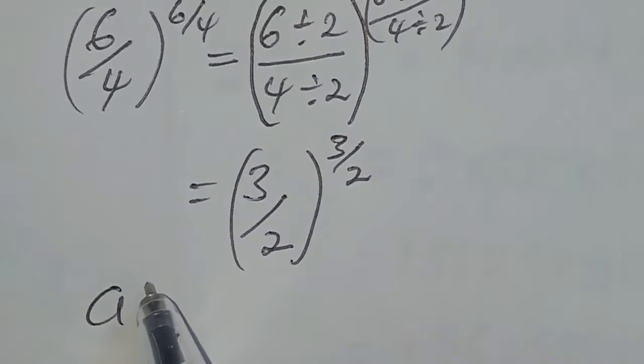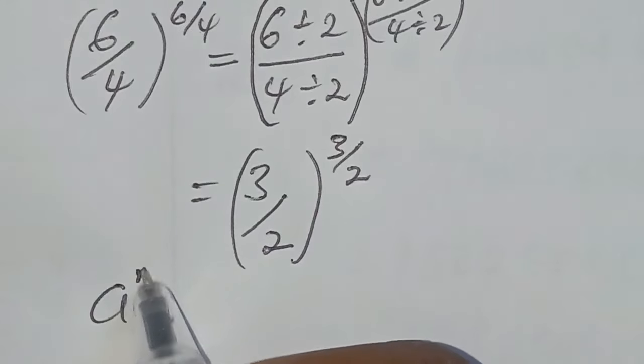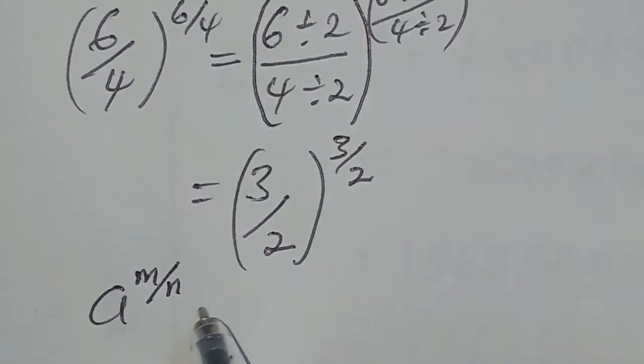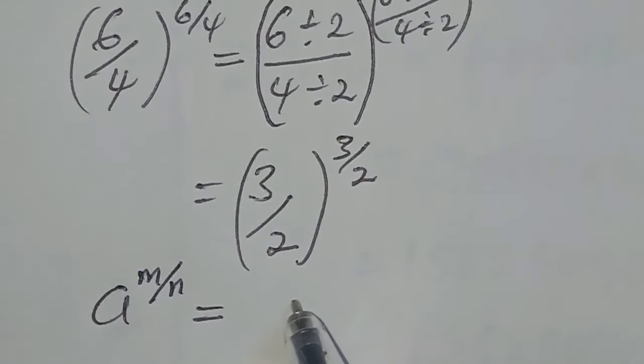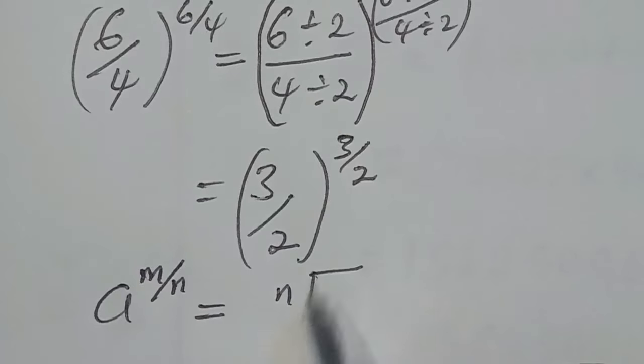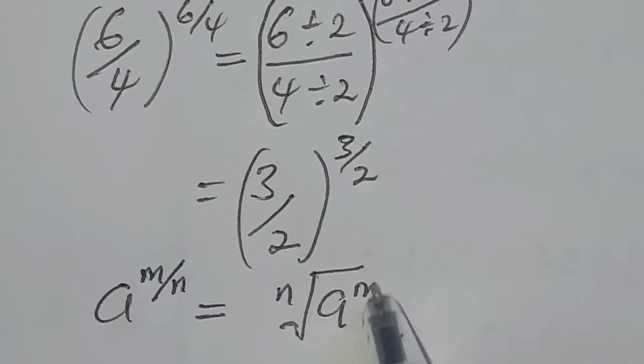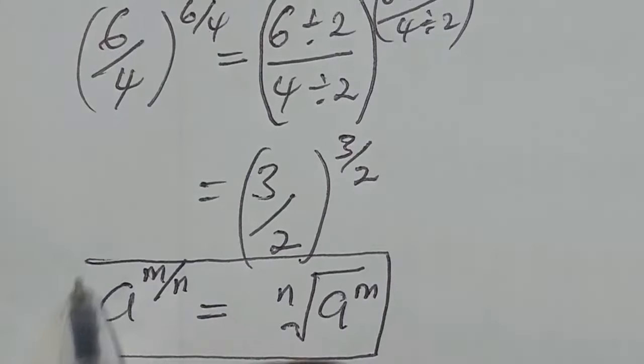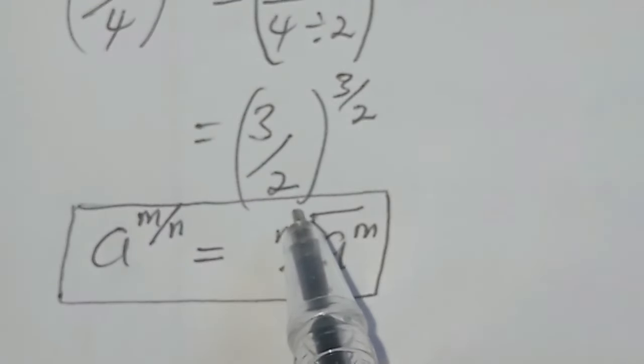Having gotten this, what we can do is take the approach of using the exponential identity. If we have base a to the power of m over n, then we can express that as the nth root of a to the power of m. So we use this to simplify the next step.